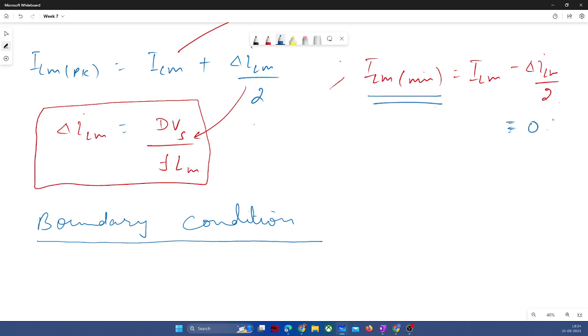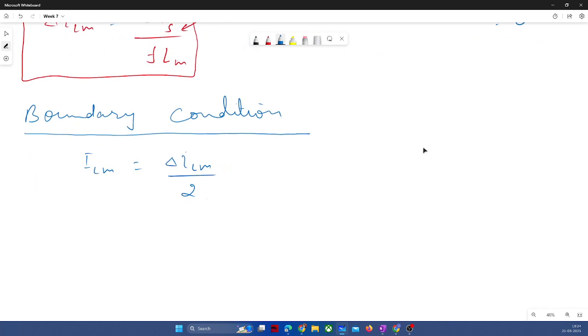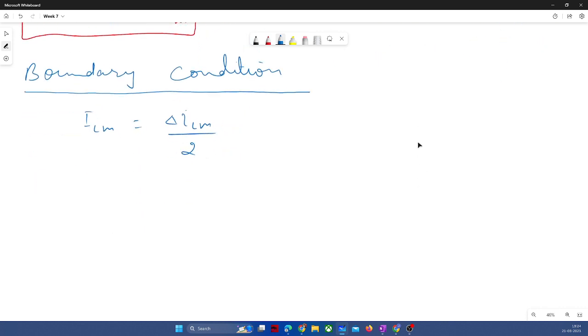Yes. So ILM minimum is equal to zero. It means ILM is equal to del ILM by 2. And in certain cases, like in a buck converter, it used to happen that inductor current average is equal to output current, but it will not hold everywhere. So if you are remembering something, you just see what the condition is.